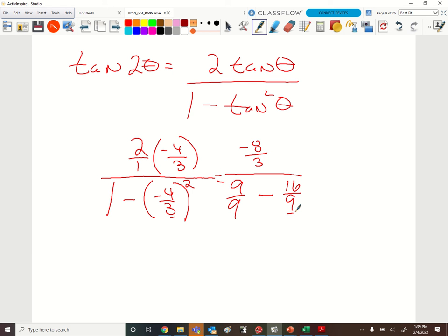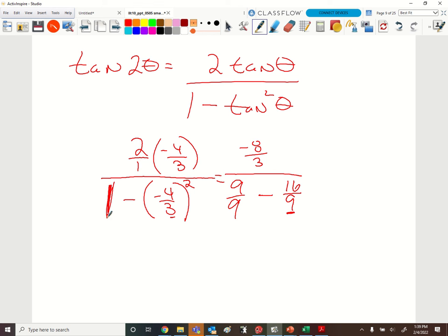Because of common denominator. So, think about it now. If this 9 over here was a 13, what would I change my 1 to? 13 over 13, right? Because 13 divided by 13 is 1, and that's this. 9 over 9 is also 1, which is this.